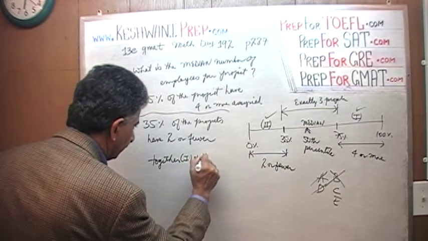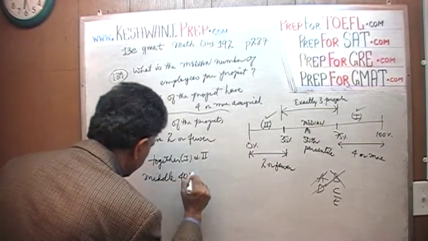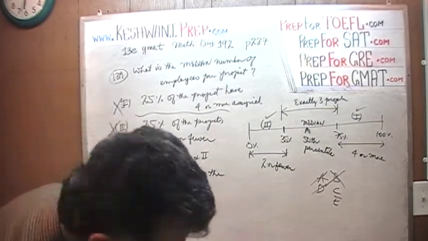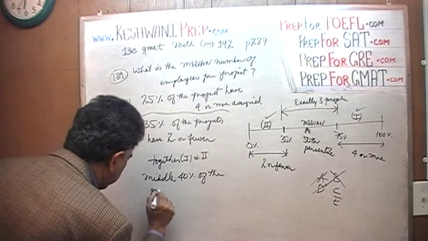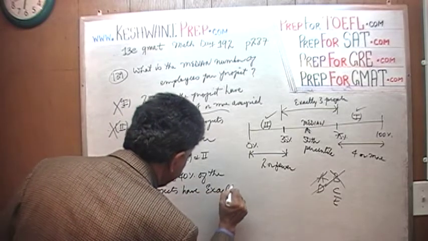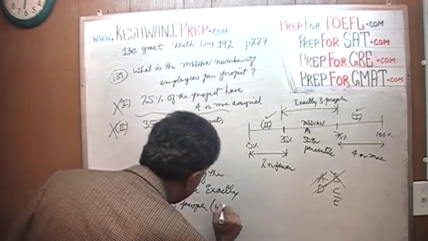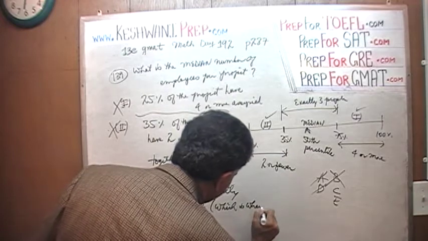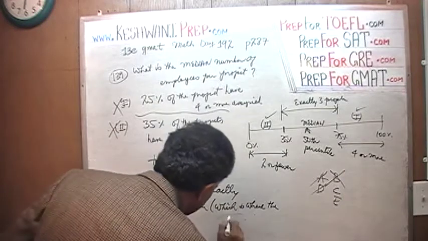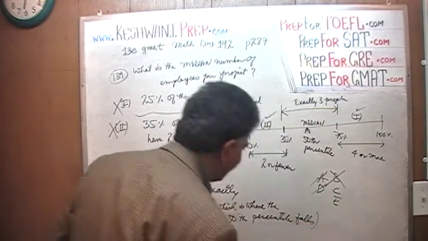So both statements together tell us that the middle 40% of the projects have exactly 3 people, which is where the median, the 50th percentile, falls.